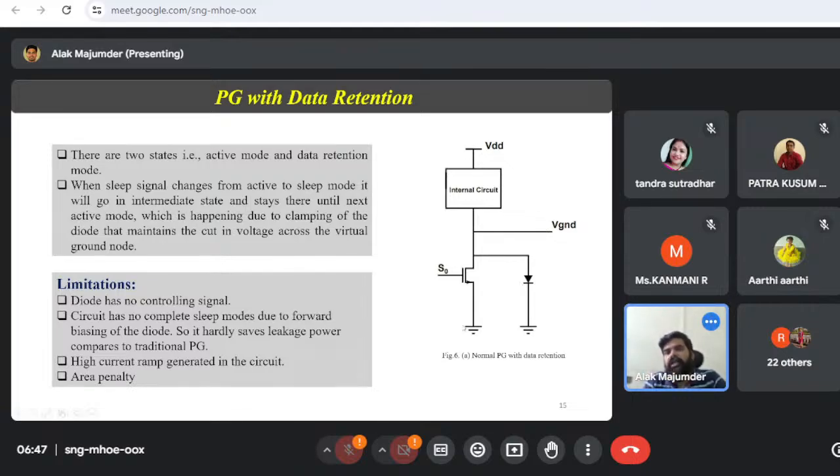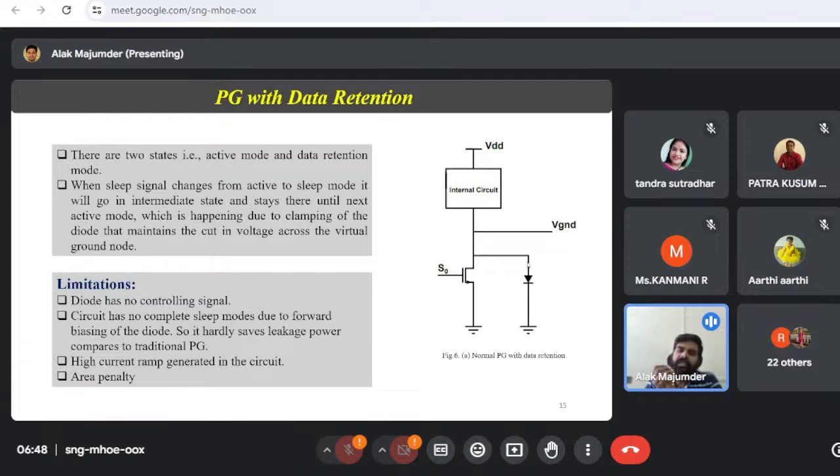See, when the output is switching from 0 to 1, right? Logic 1 is nothing but coming from the VDD. Logic 0 is nothing but coming from the ground, right? So because of the incorporation of this diode, the virtual ground terminal will never come down to the ground. It will always have a potential close to 270 or 280 millivolts, which is nothing but the knee voltage of your diode.